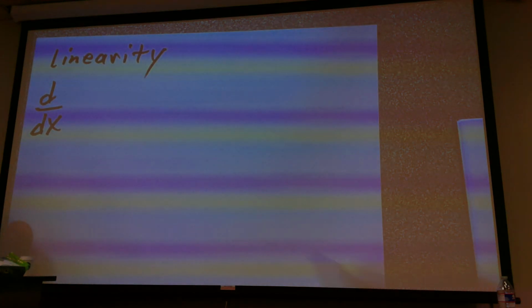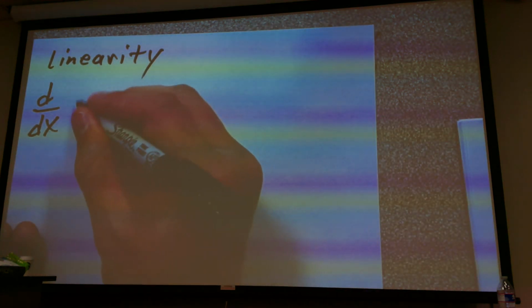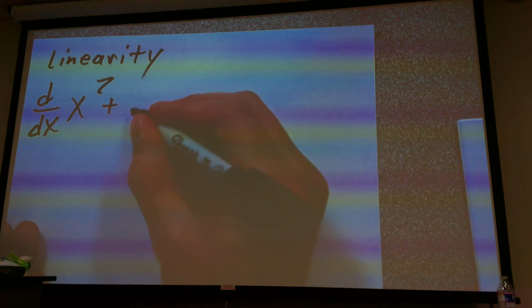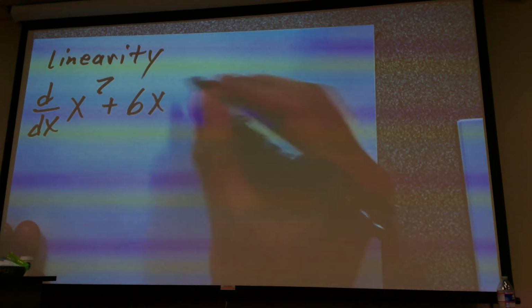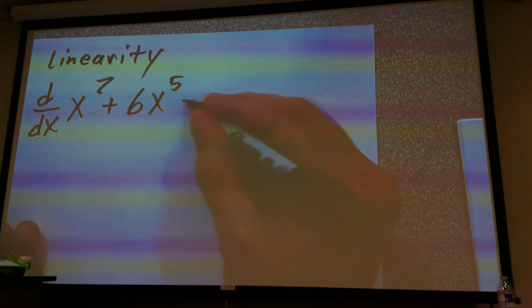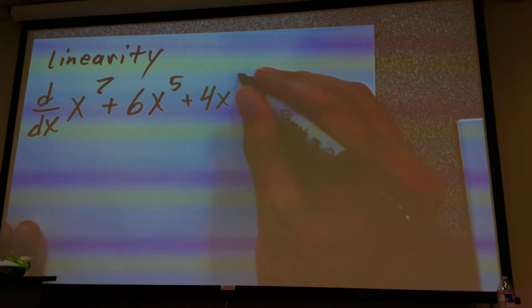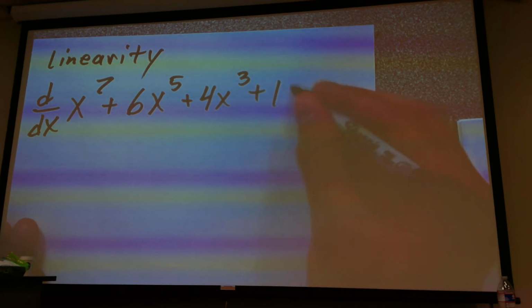Okay. So let's say I was going to take the derivative with respect to x of, doesn't really matter what I pick, x to the 7 plus, let's say, 6x to the 5th, plus, say, 4x cubed, plus 12.